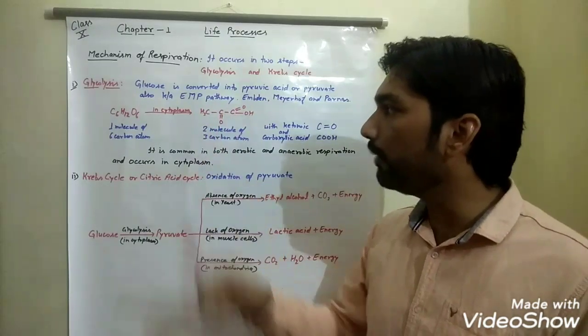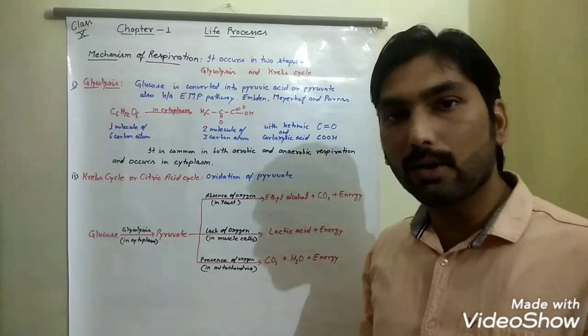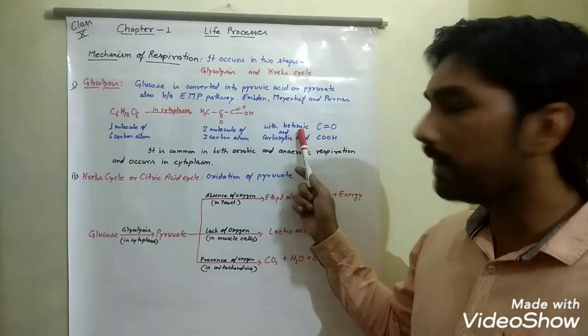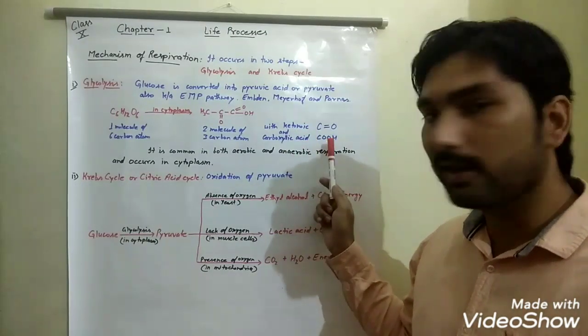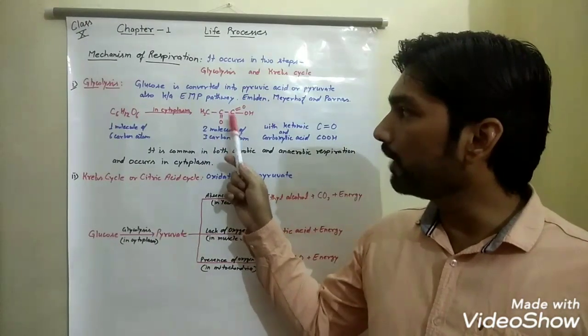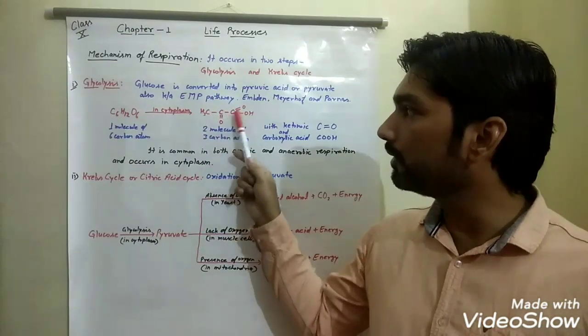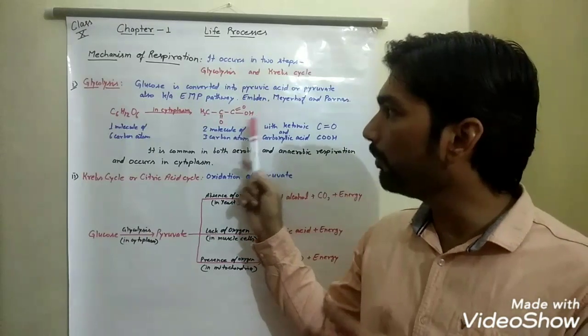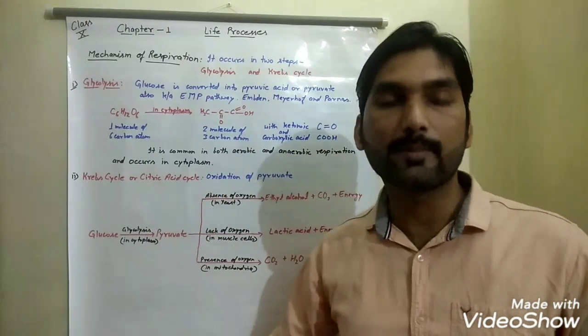acid. And in this pyruvic acid you have knowledge of the ketonic group and carboxylic acid group in your chemistry subject also. So in this you can see CH3COCOOH, this compound is known as pyruvic acid.